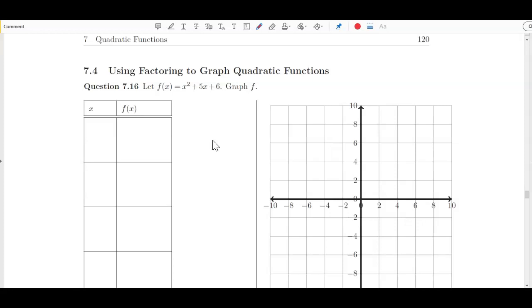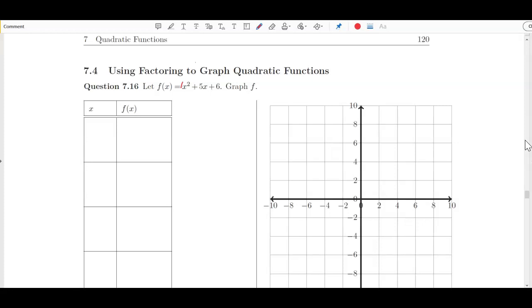So on this one, we don't really need those methods because our leading coefficient is already 1. But what I want you to do is practice using our tools with factoring, and we're going to factor this first, and then we'll do some stuff with it.